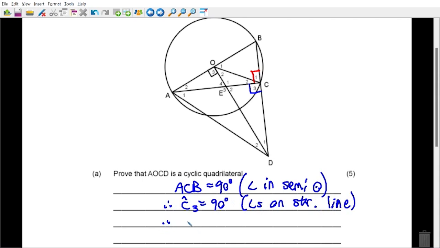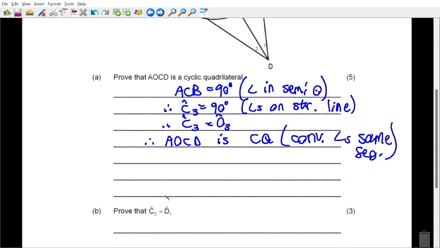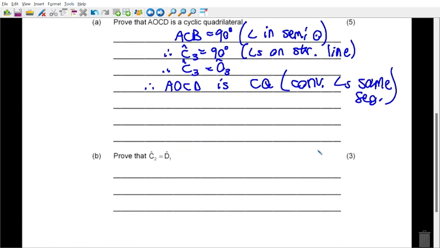Therefore, C3 equals O3. Now, I don't need to give a reason for that because I've shown that they're both 90 degrees. And so, therefore, the shape AOCD is a cyclic quad. And the reason is converse angles in same segment. Okay, that's part A.